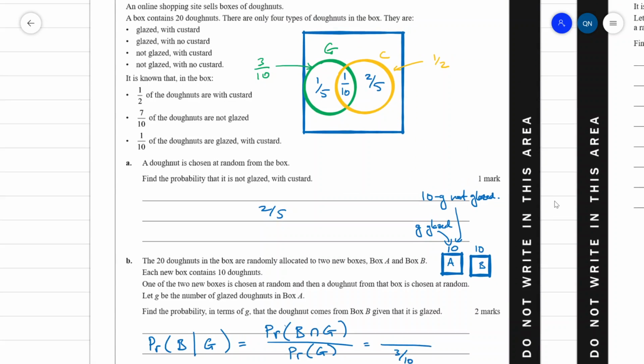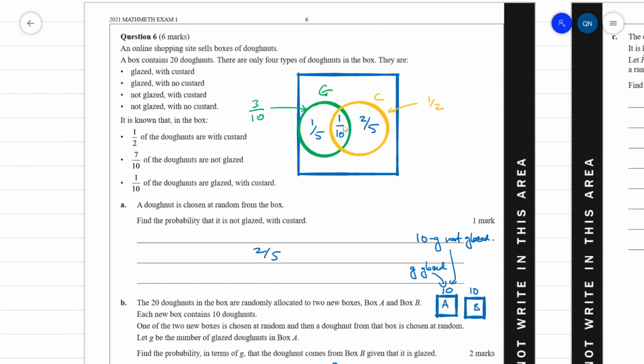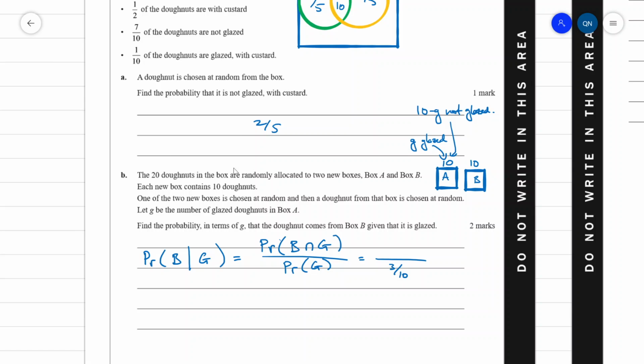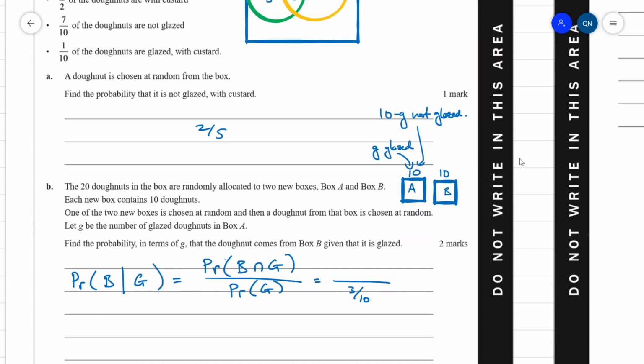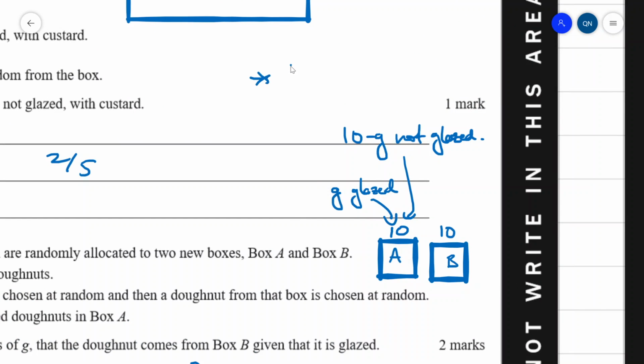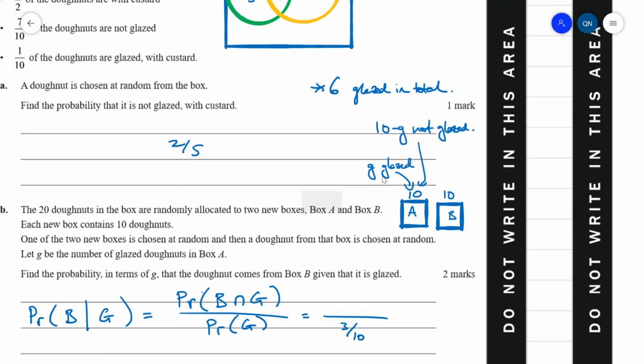I think for that we need the total number that are glazed. So 3/10 of the donuts are glazed. There's 20 donuts in total. That means there are 6 glazed donuts. Let's note that down. So there's 6 glazed donuts in total. So I guess this 10 minus G not being glazed isn't very useful information.